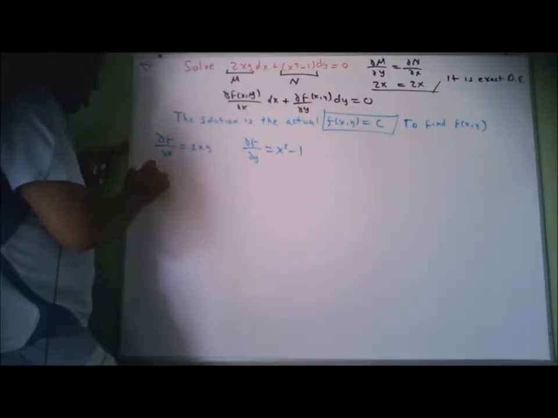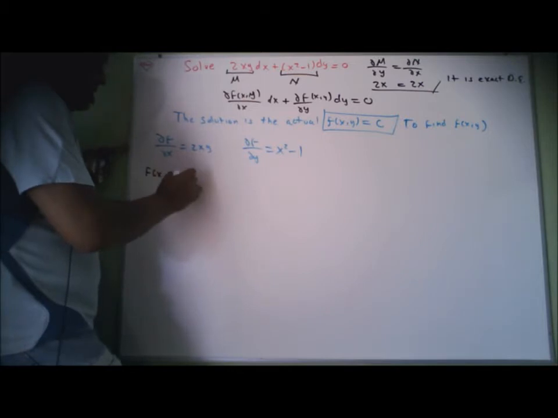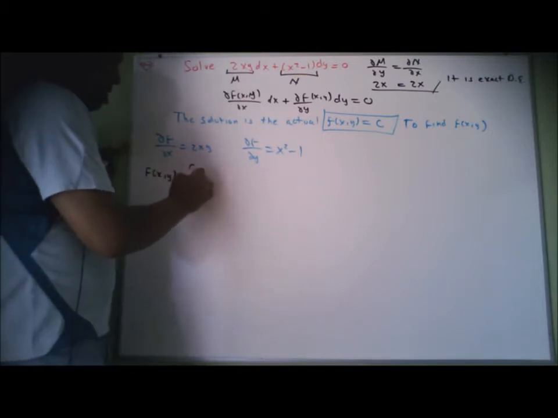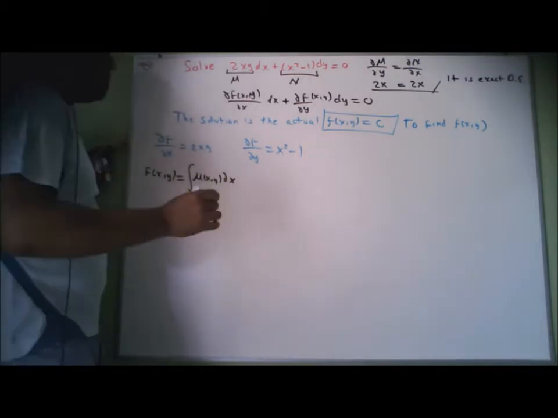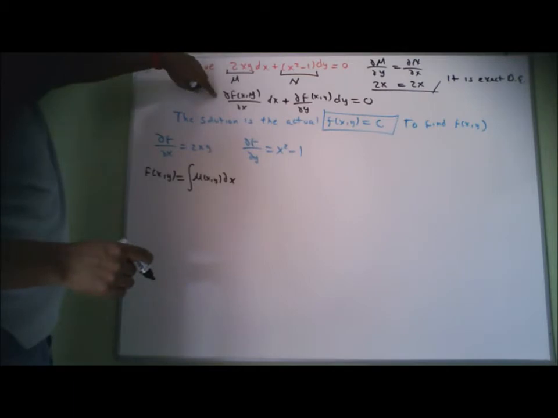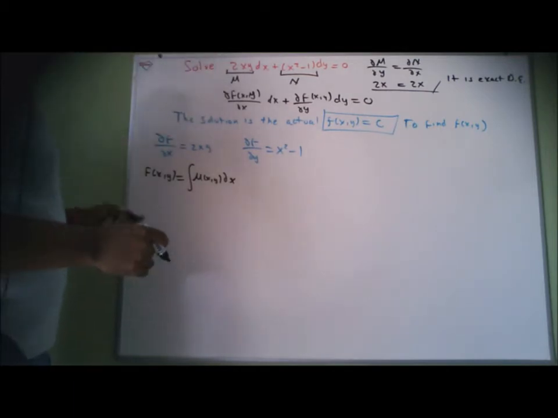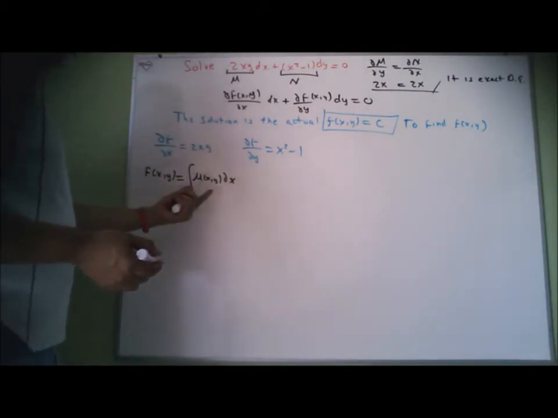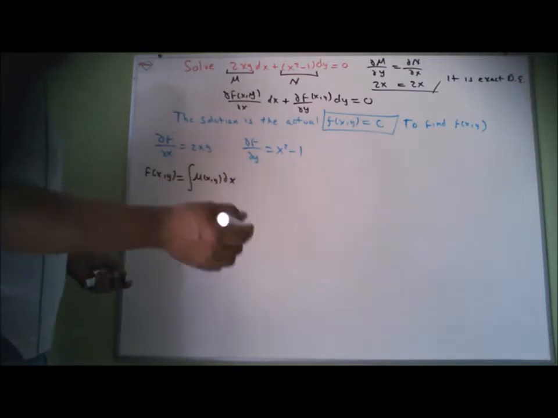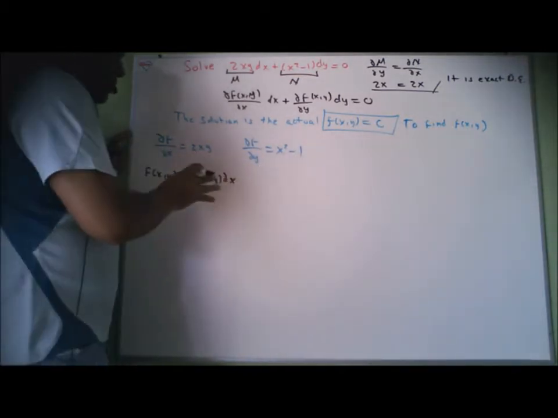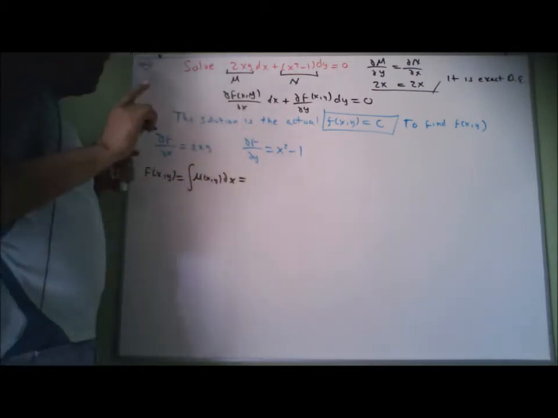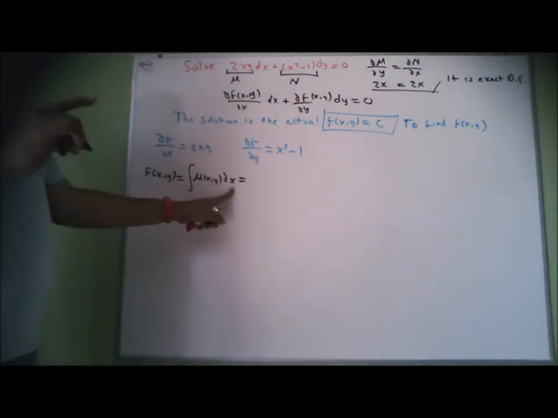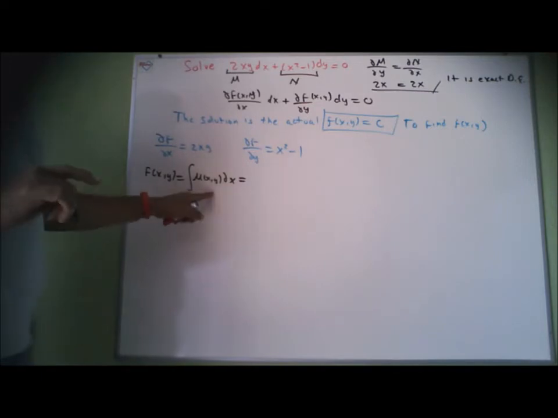Let's try to find the function of two variables as the integral of M with respect to x here, because it's supposed that the M comes from the partial of f with respect to x. So the function of two variables is just the integral of M with respect to x, or this with respect to y. But let's try this branch. Okay, so because this is a partial integral of M with respect to x, that means that the y is a constant.